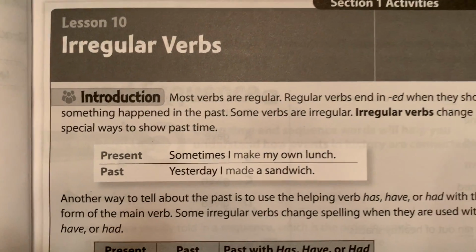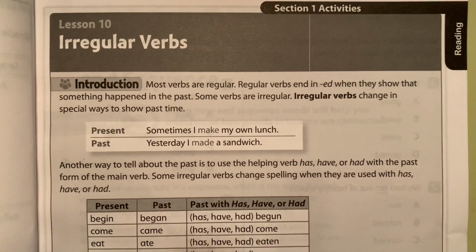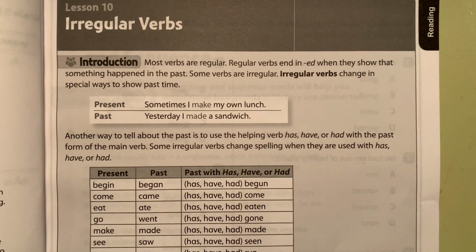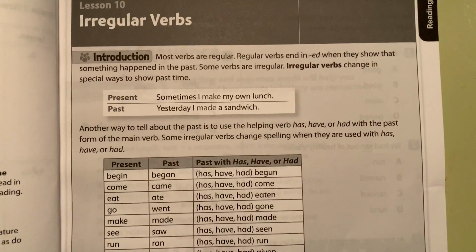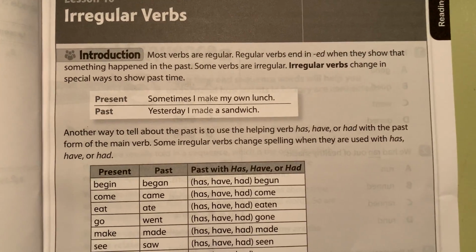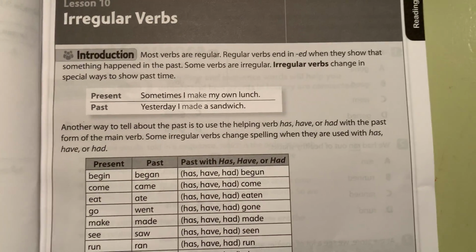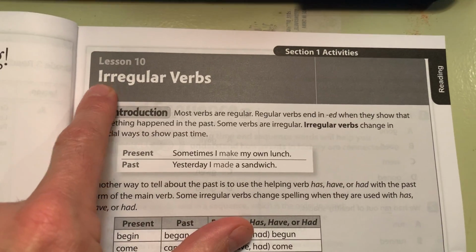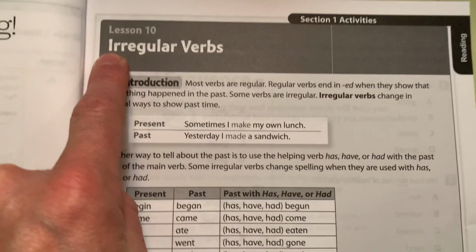Don't pay any attention to the fact that it says lesson 10. They obviously pulled this from another curriculum manual. It's the first lesson in this home learning packet. Irregular verbs. So we've got regular verbs and irregular verbs. If you notice the prefix IR on the front of the word regular, that would mean not regular.